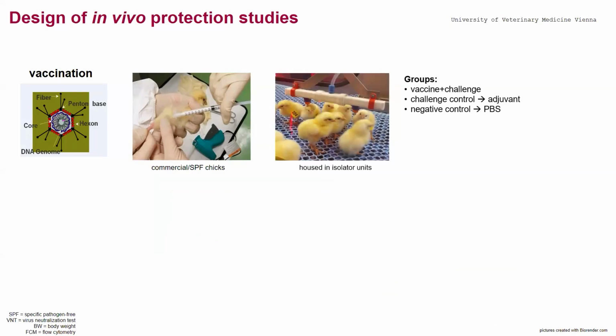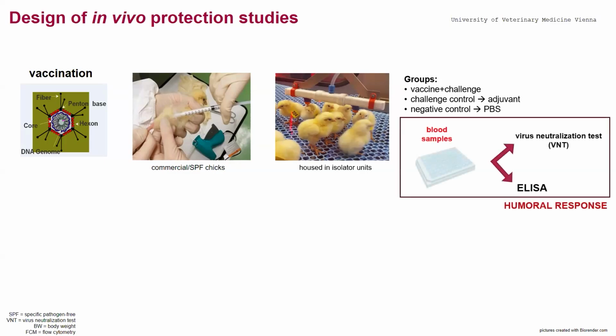We always opt to have them in isolators, so the virus obviously cannot exit the group. You always need a vaccine plus challenge group, so chicks that have been vaccinated and then experimentally infected, a challenge control, only infection, and a negative control. No vaccine, no infection. These are the very basic groups that you always need.